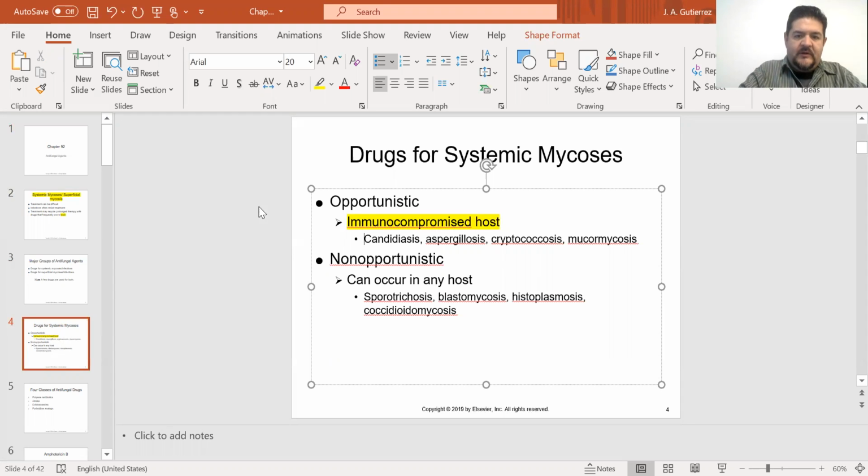The most common one is Candida, and the name of the infection will be candidiasis. Other ones that you may hear are aspergillosis, cryptococcosis, and mucormycosis.